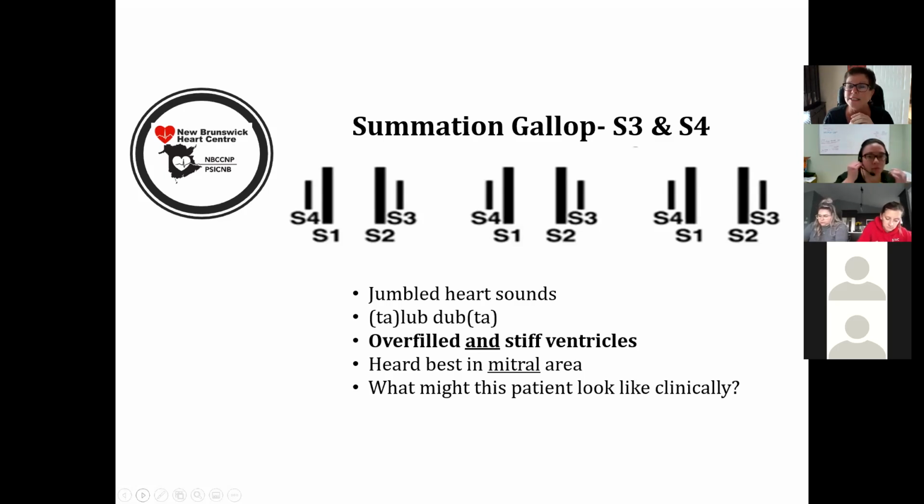And so it's hard to tell, talub-dub-ta, talub-dub-ta. I can hear that fine in my heart rate of 50, not when it's 100. But whenever you hear that somebody has a summation gallop, that's indicative of a volume overloaded, clinically unstable patient. They're not the guy who's getting ready to go home.